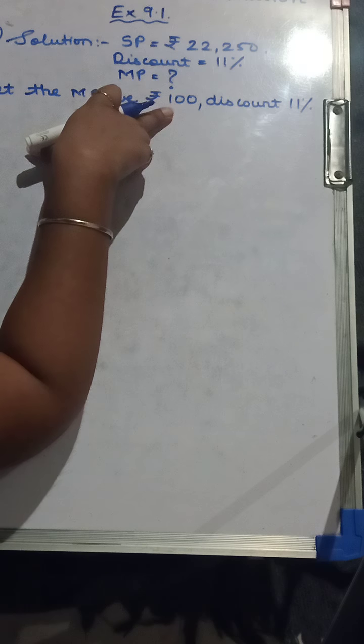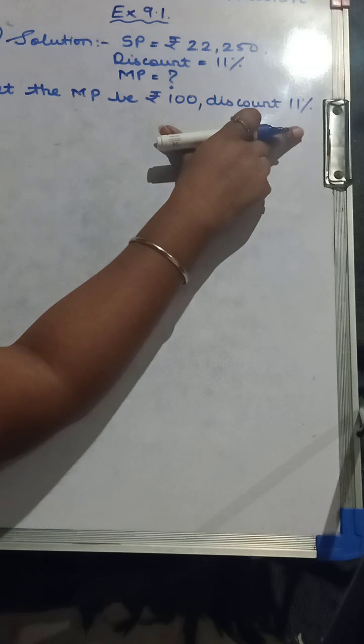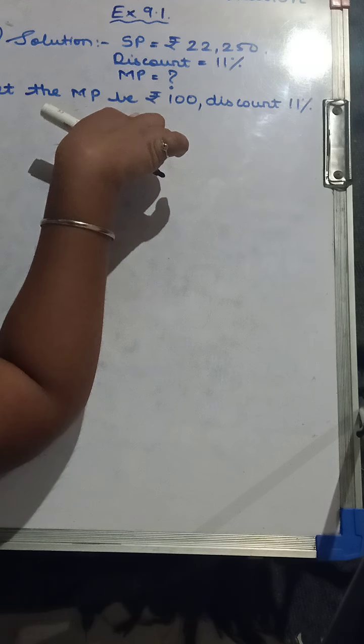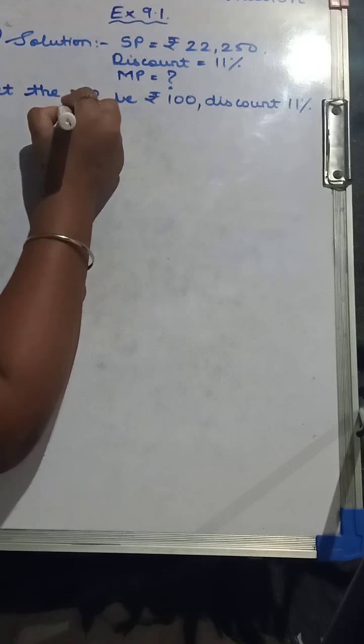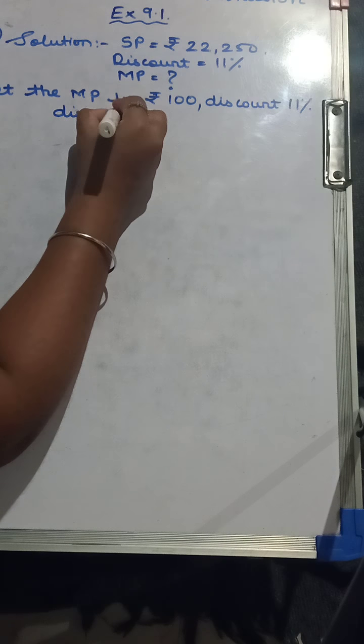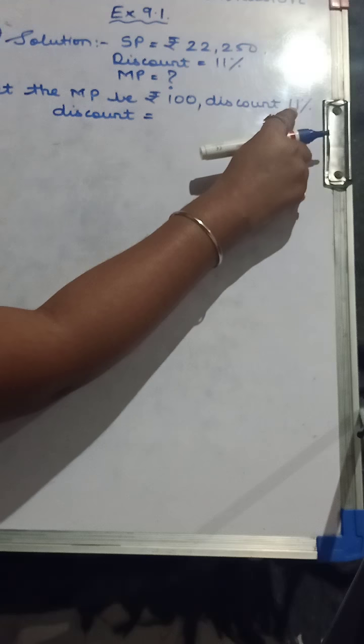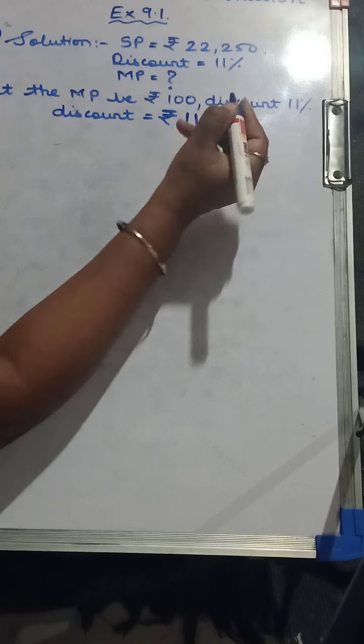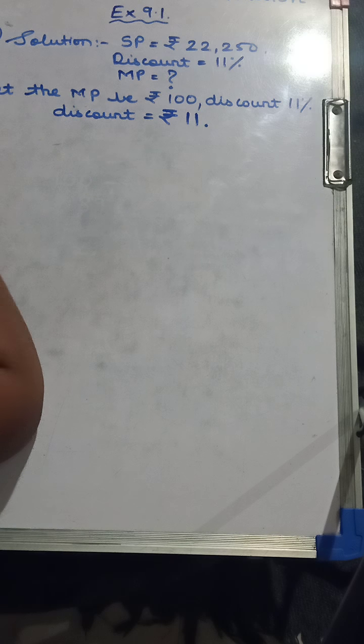So our marked price is rupees 100, but our discount is in percentage. So one is in rupees, one is in percentage. So we are supposed to write both in rupees. So marked price is already in rupees, so we are going to take discount also in rupees. So it is 11%. So here we are going to take discount as rupees 11.